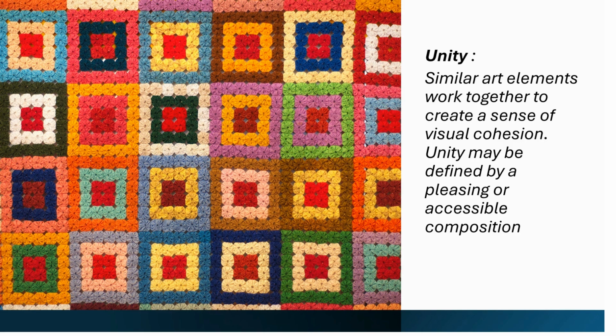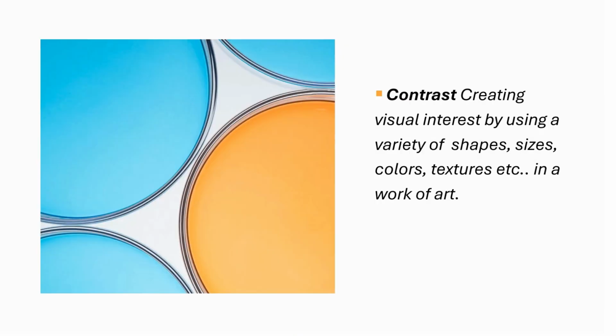Or in this case, we see a repetition of the square in this yo-yo quilt. The square not only repeats, but the actual units that make up the square are repeated. And so it gives that sense of unity. Despite the fact that the colors are a little bit all over the place, it still looks cohesive.